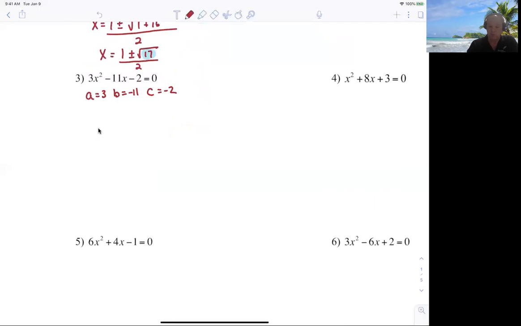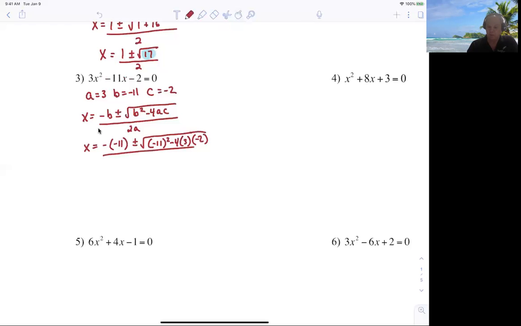So now we say x equals -b plus or minus the square root of b squared minus 4ac, all over 2a. x equals negative b plus or minus negative 11 squared minus 4 times a times c, all over 2 times 3.